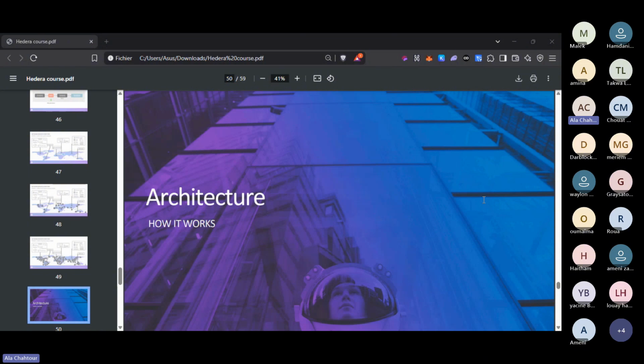For now, if you are going to develop something, you don't need to know all of those details. You just need to know that the ecosystem and the code of Hedera ensure the security of your transactions and your data.